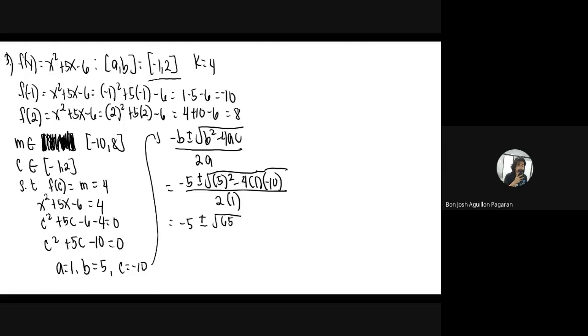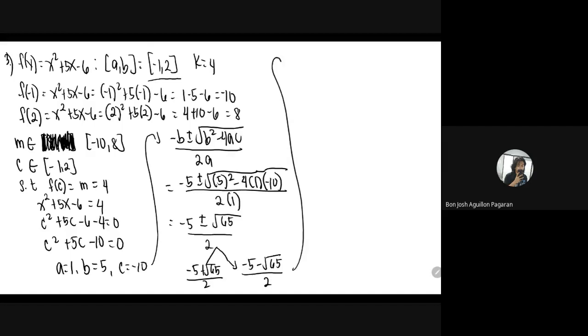Negative 4 times negative 10, that's positive 40 plus 25, that will give us 65. That will be all over 2. Then when you are going to break down the roots, that will be negative 5 plus square root of 65 over 2. And the other one is negative 5 minus square root of 65 all over 2.